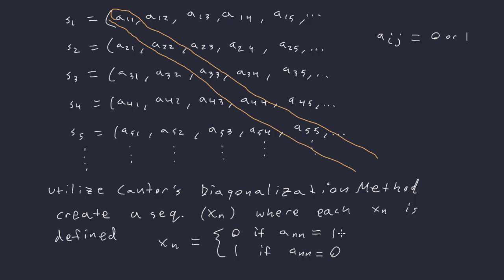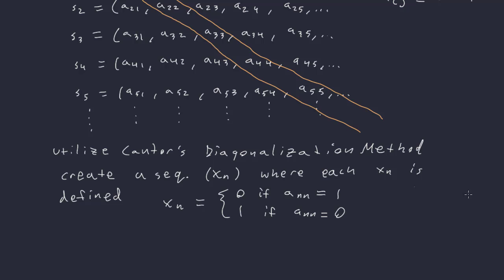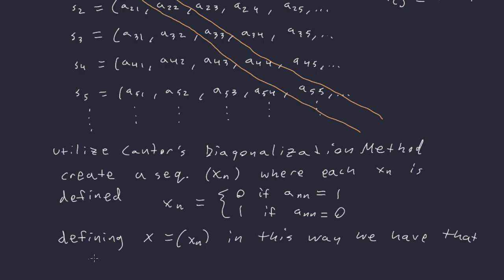And because of defining x_n in this way, so defining x, which is equal to the sequence x_n, we have that x is not equal to s_k for any k in the naturals.